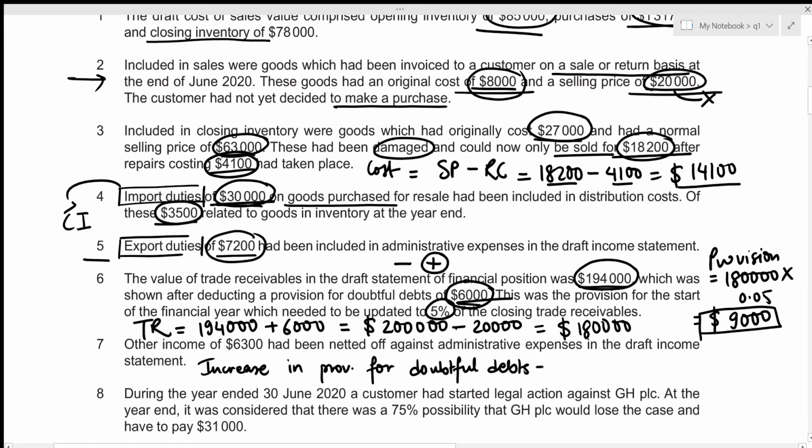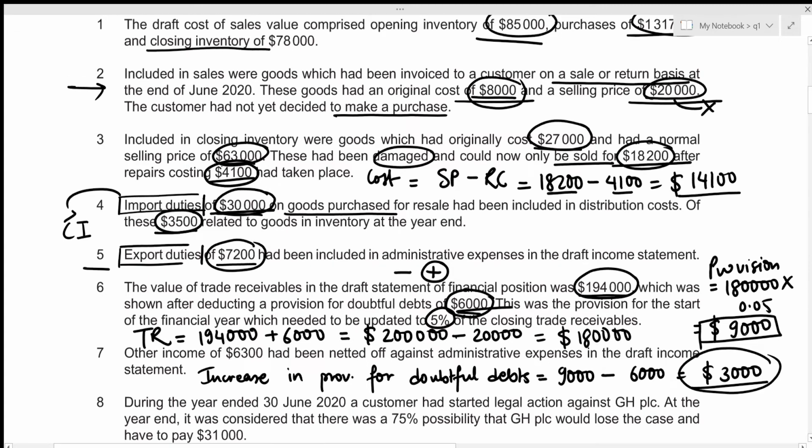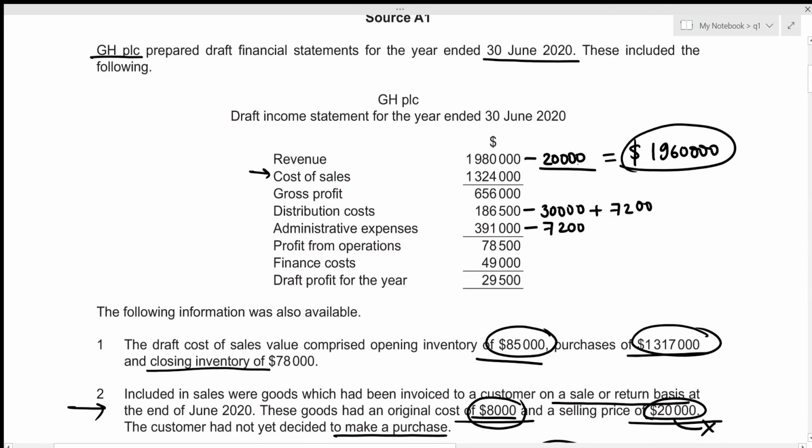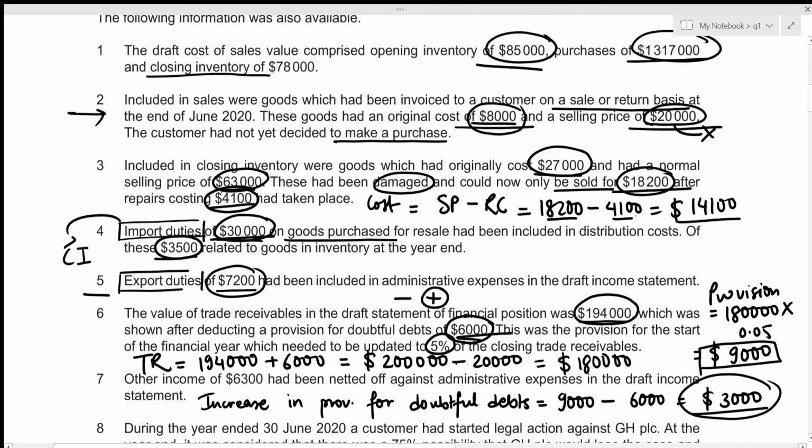That's just the difference between the closing provision and the opening provision: 9,000 minus 6,000, which results in 3,000. And since this is an increase, this is an expense. Our provision for doubtful debts is to be included in our administrative expenses. So let's add this 3,000 to the administrative expenses above. So that's plus 3,000.